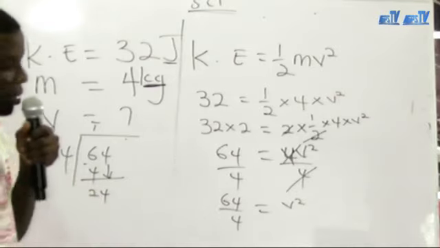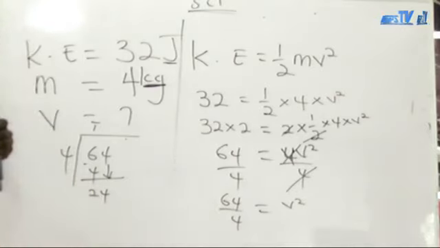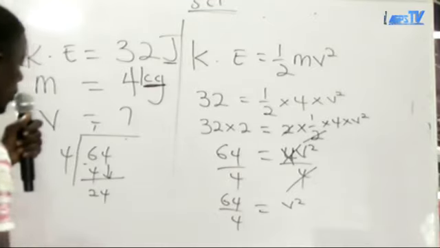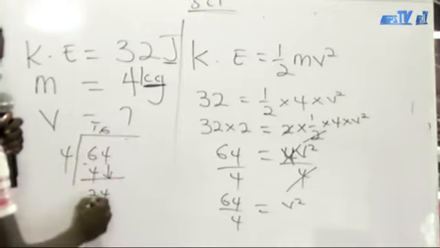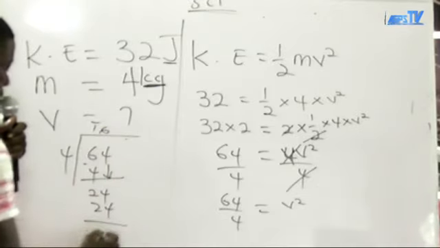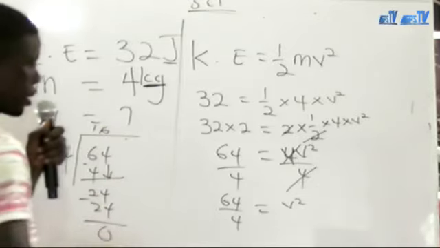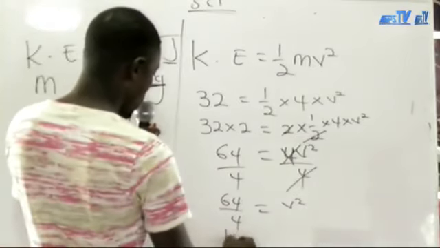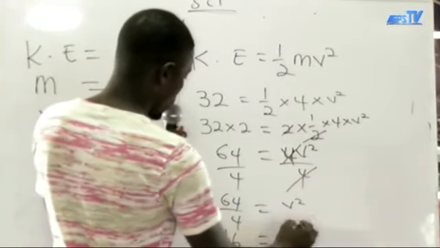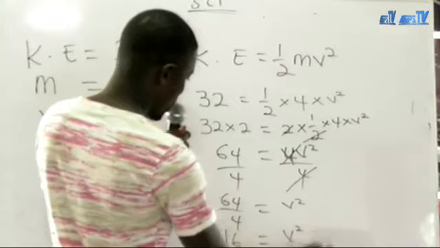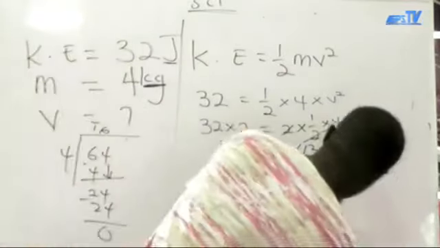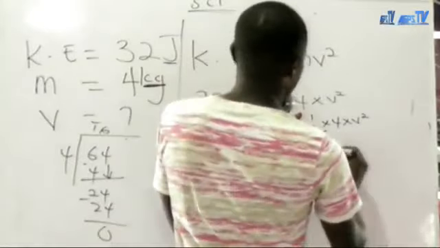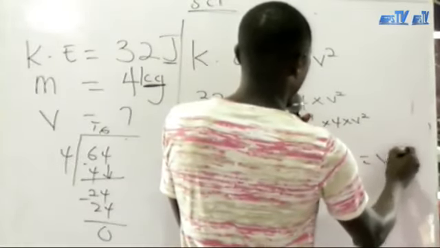It's simple multiplication. 4 times 6 will give you 24. Then you get your 0 here. So we have 16 is equal to V squared.